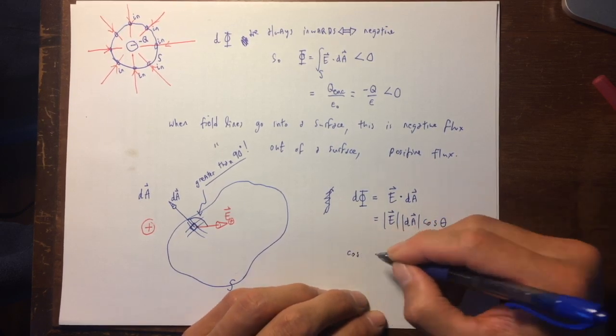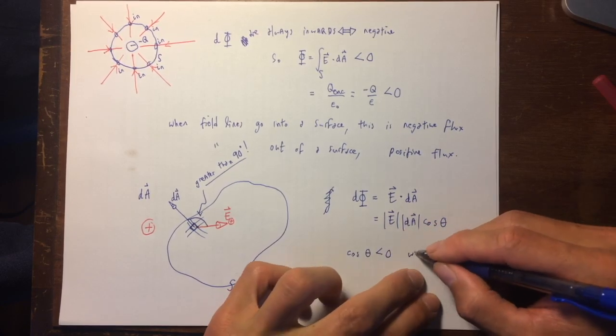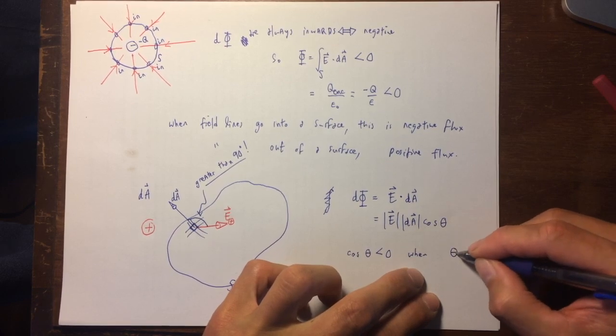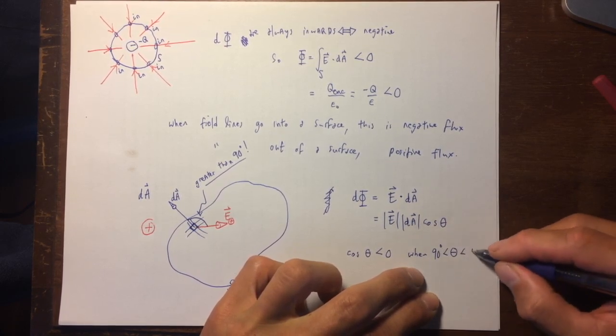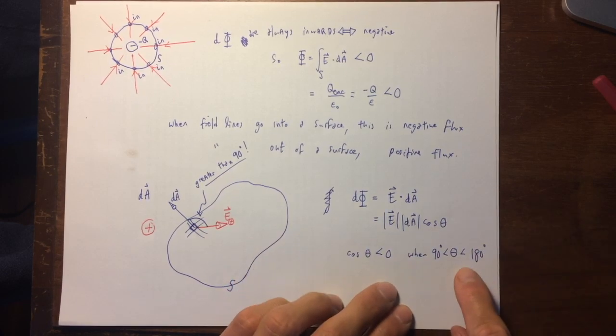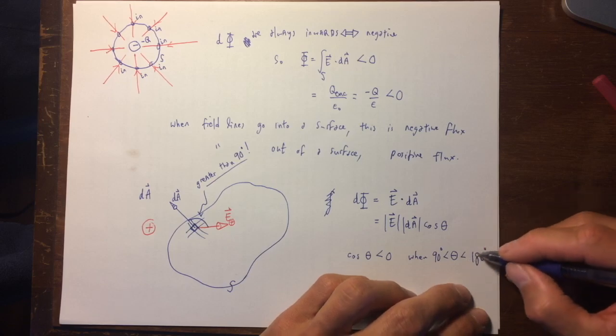And the cosine of theta is negative when theta is bigger than 90 and less than 270, excuse me.